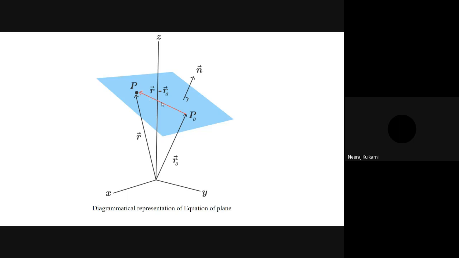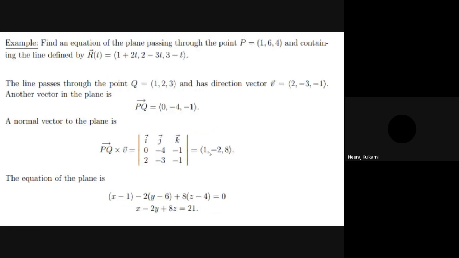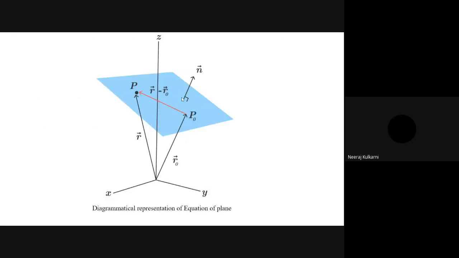So the vector P naught P can be written as r bar minus r naught bar. With the help of point P and normal vector n, we can write the equation of the plane. So what is n? n is a normal vector which is perpendicular to the vector P naught P.